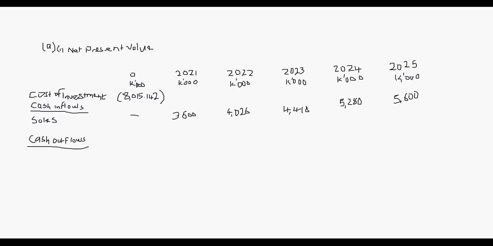So the first cash outflow from the question, I think, is the production costs, what we are going to spend on the raw material.